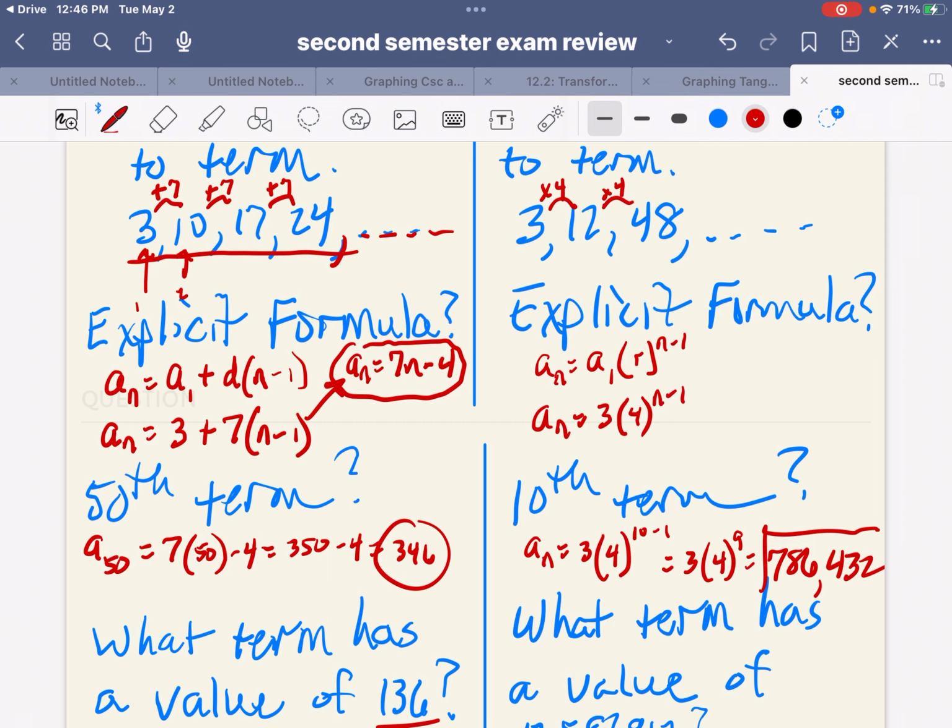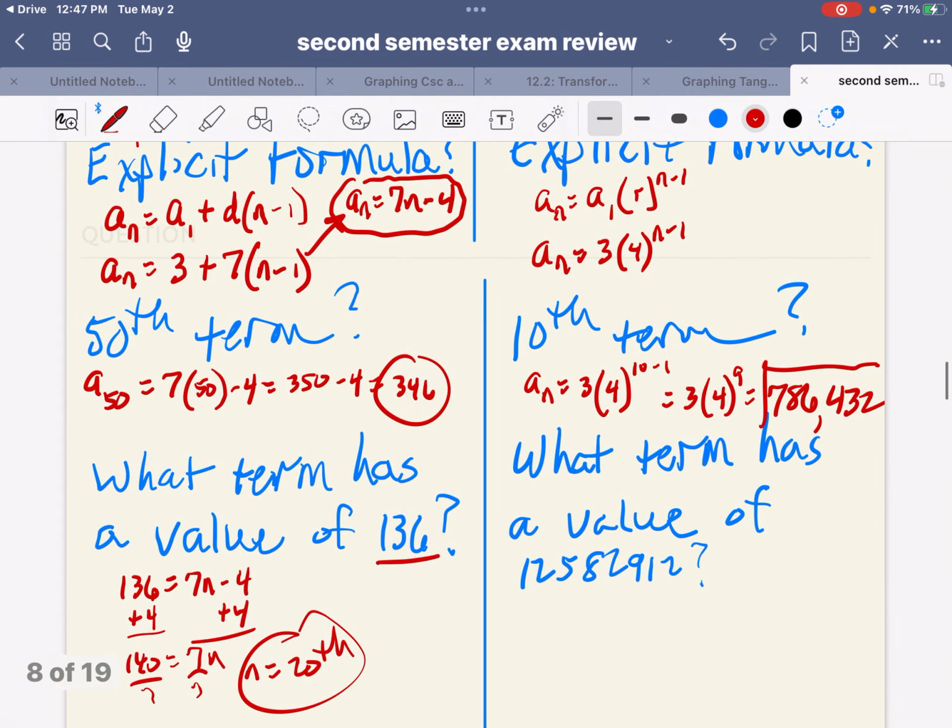What term has a value of 12,582,912? Well, that would say set 12,582,912 equal to 3 times 4 to the n minus 1. Oh my God, that's an exponential equation. I know how to solve exponential equations.